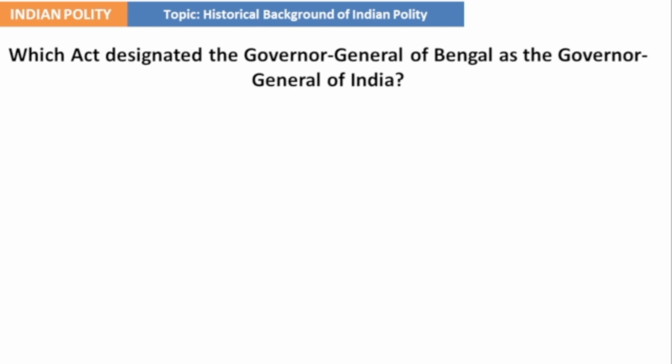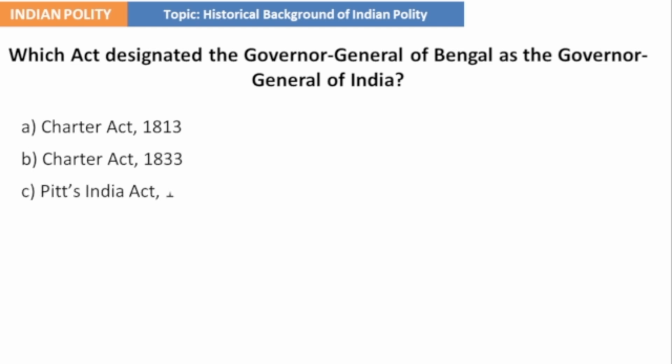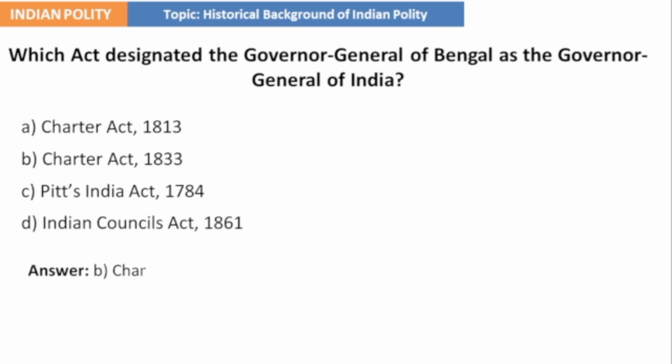Which act designated the Governor General of Bengal as the Governor General of India? And the right answer is option B, Charter Act 1833.